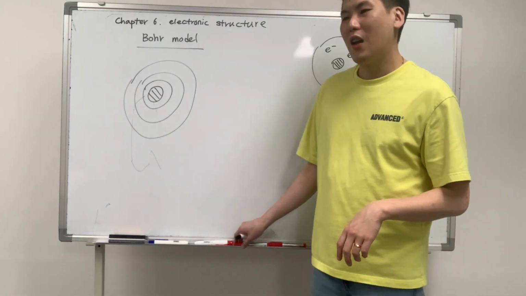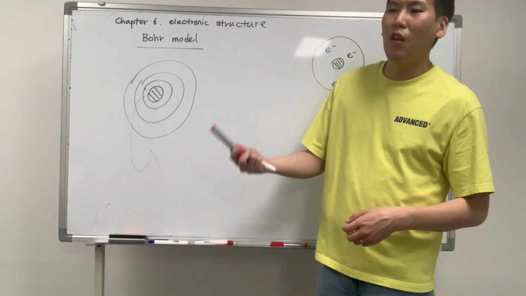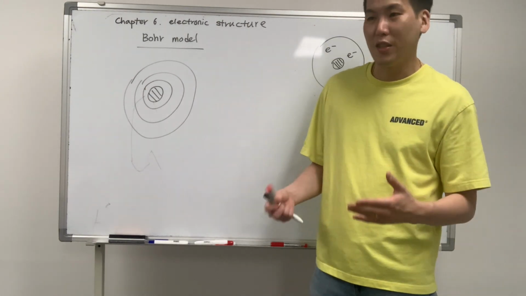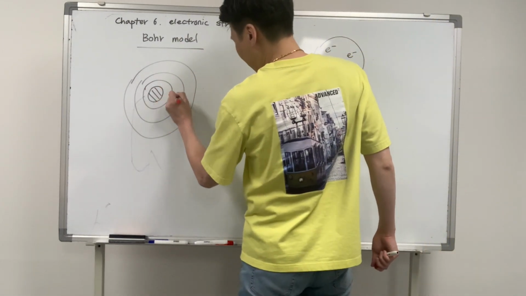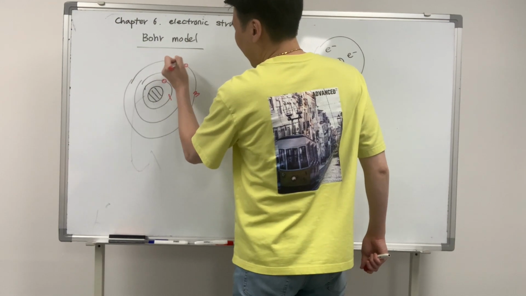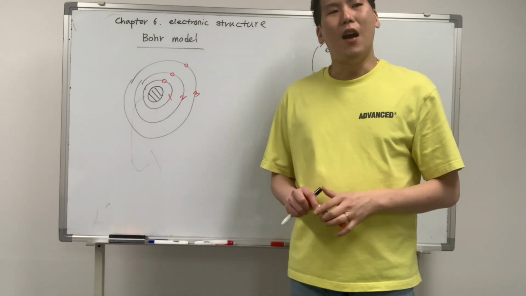Electrons do not randomly move, but they move along something called energy levels. We now call them principal energy levels. From the inside, 1, 2, 3. Electrons move like orbits around the nucleus, that's what he believed.